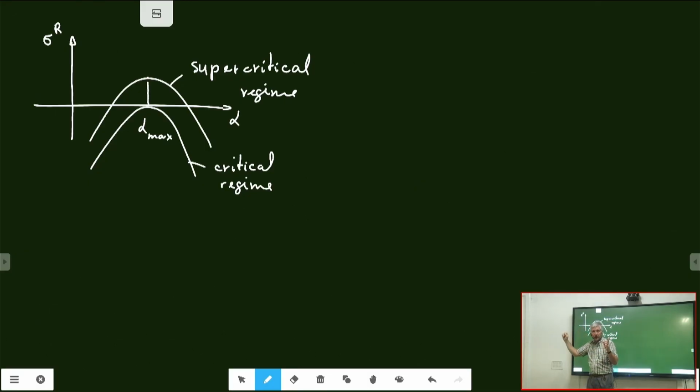In that case, we will get some slower growth rate. But is it physical? Is it realistic? Again, coming back to reality, the answer is no. You cannot control initial perturbations. They are always absolutely random.